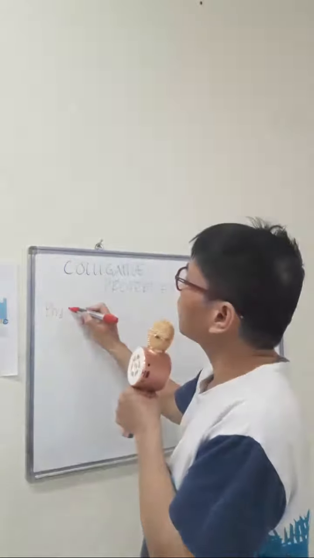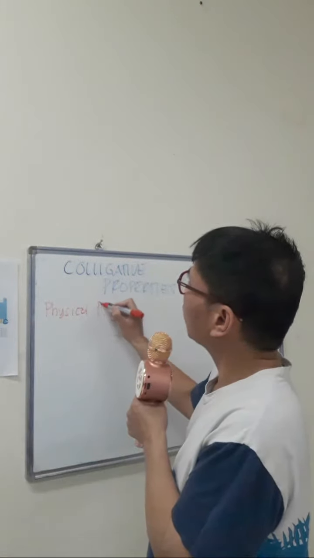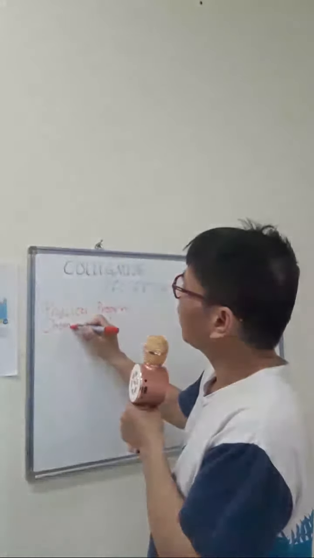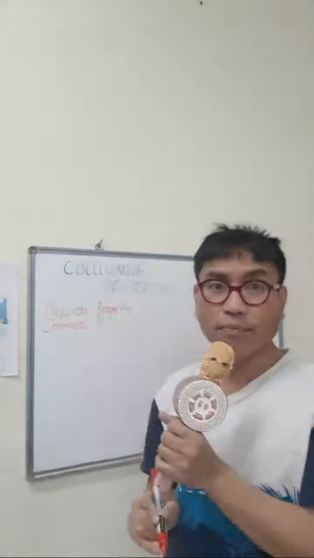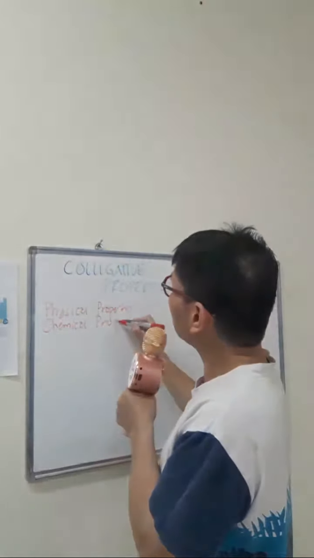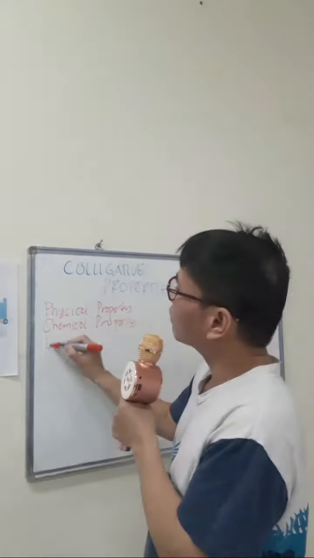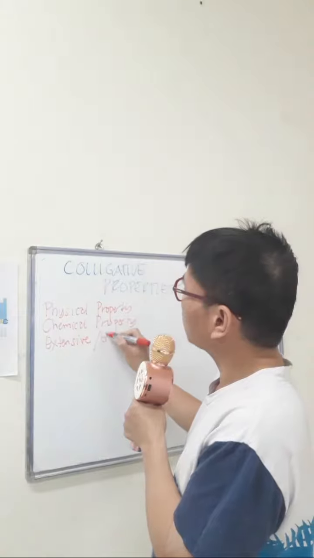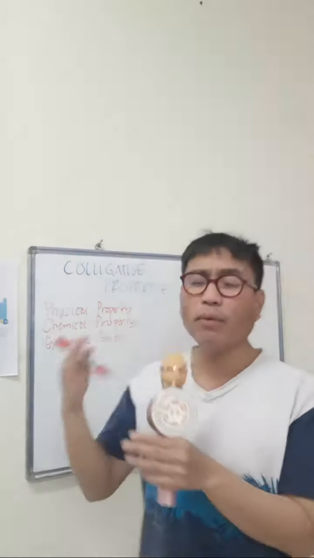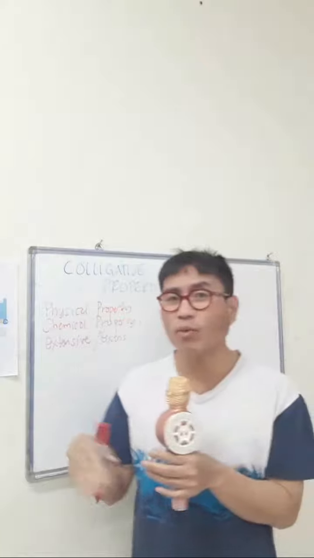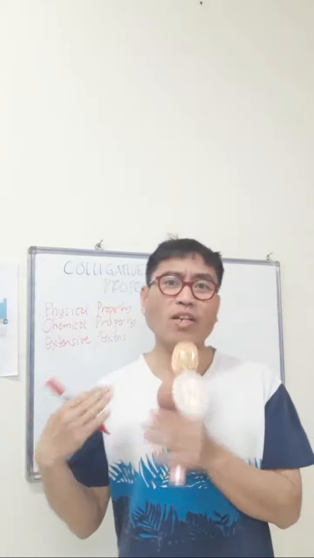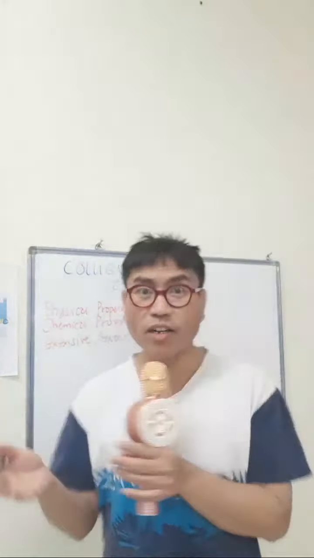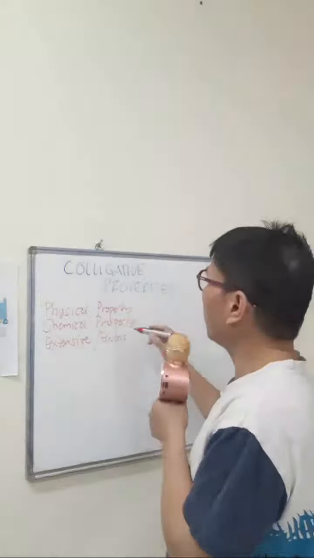Physical property, and then chemical property, and then we also have extensive property. We need to know the definitions of these properties, because they will come out in theory questions in different examinations related to general chemistry.